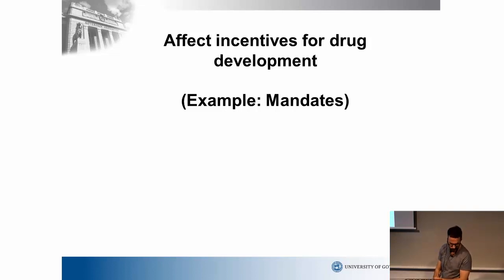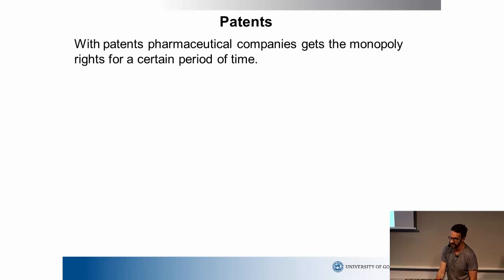Finally, the last point is to affect the incentives for drug development. This was the last point on things that we need to do in order to reduce the problem of antibiotic resistance. I'm going to exemplify this with a mandate again. This is maybe the most obvious mandate that people think of when they think about this, and that's patents.